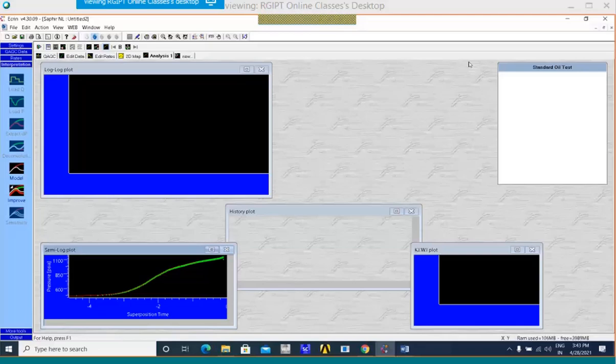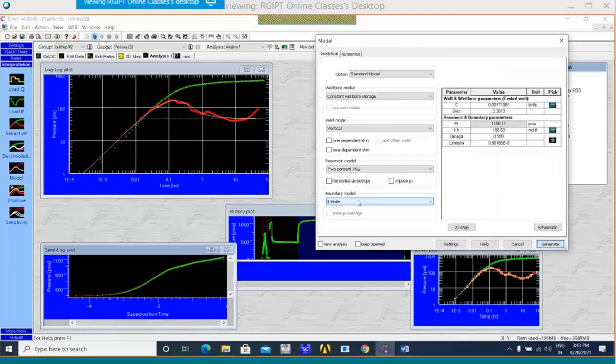This is also not giving a better result. Vertical, two porosity, and infinite. This is my best guess for this, because I have tried every case, but it's not working.